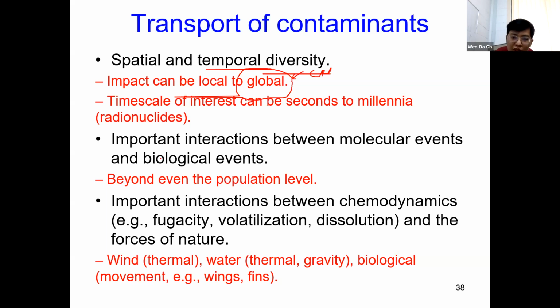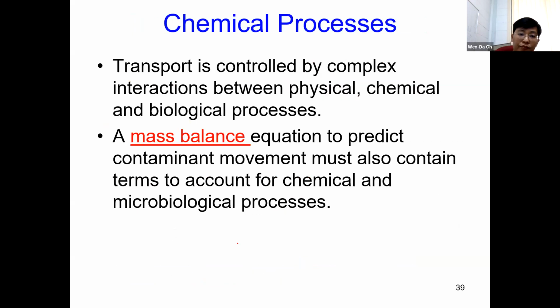And there's one thing called chemodynamics, which studies all these things: fugacity, volatilization, dissolution.